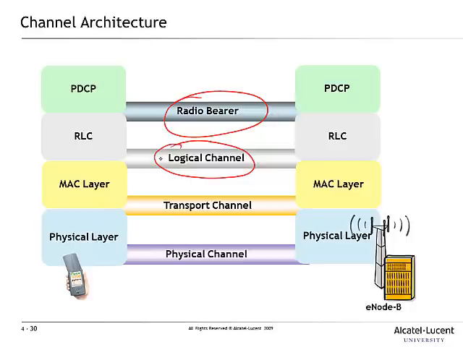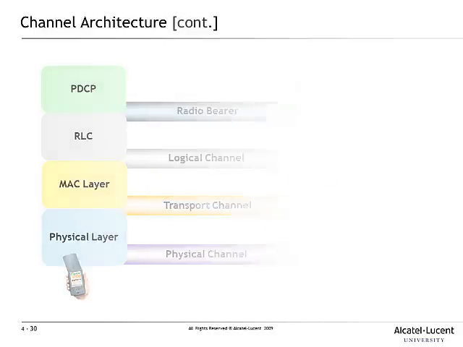A logical channel exists between the RLC layers, a transport channel exists between two peer MAC entities, and a physical channel is the bottommost layer that exists at the physical layer. And a lot of these concepts are very similar to what we had in the 3G scenario. Physical channel, transport channel, and logical channel.